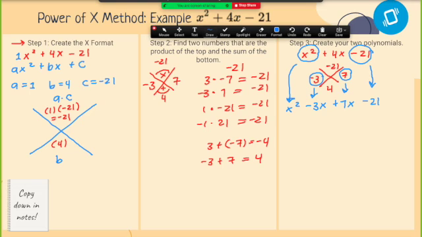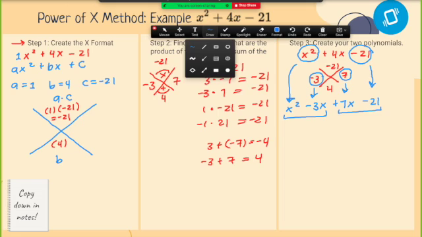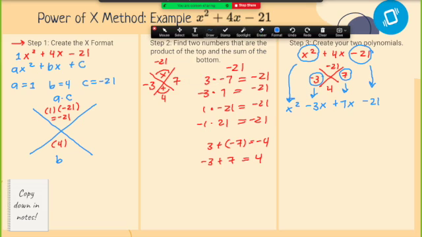Now the last part is to factor out the greatest common factors from x to the power 2 minus 3x and 7x minus 21. So I'll give you a few minutes to find the greatest common factors of both parts. All right, so right here it seems that the only thing that could divide into both x to the power 2 and 3x is x.